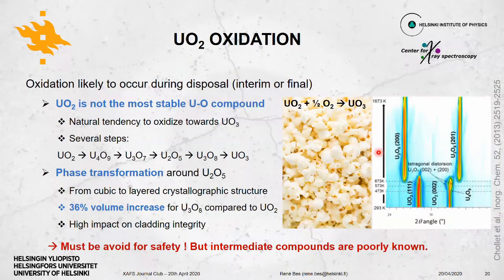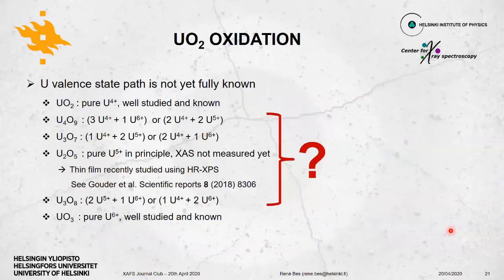You have here some XRD at high temperature measurements performed on uranium dioxide oxidation, and you can see the change in the crystal structure going from UO2 through U3O8. So this oxidation has to be, of course, avoided for safety reasons, but the problem is that the intermediate compounds are poorly known so far. Why is it so?